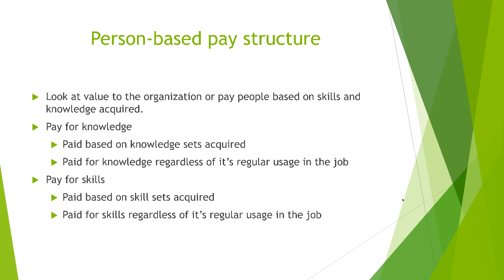And this progression would continue until they had acquired the skills to work on the entire automobile. That would define top pay, or the maximum that could be earned for that particular job or occupation. And they would earn that top pay regardless of if they utilize those skills or not on a regular basis. Merely having the skills and being certified as having the skills would create top pay.